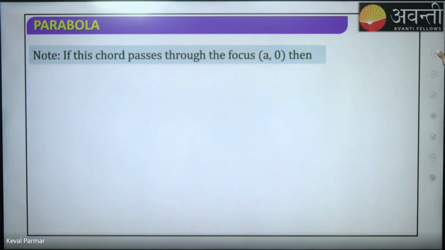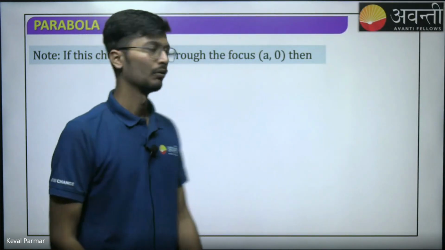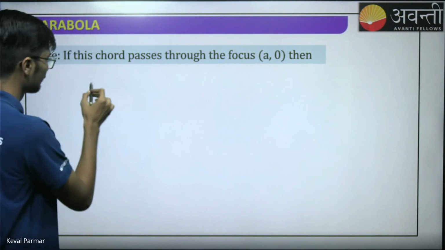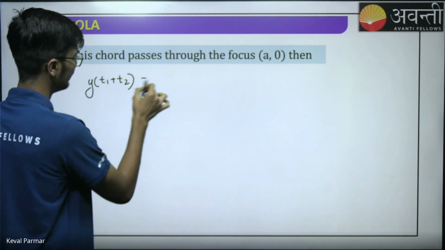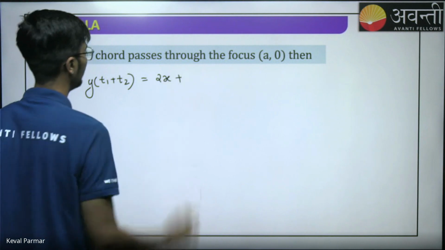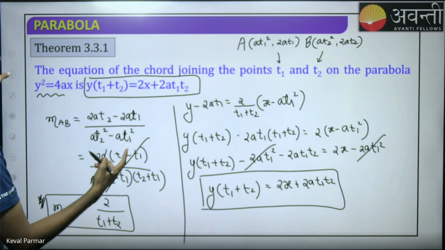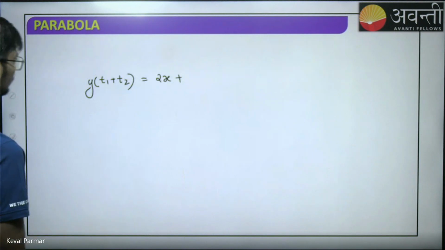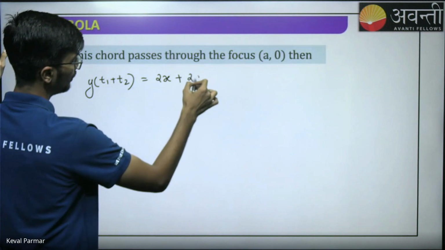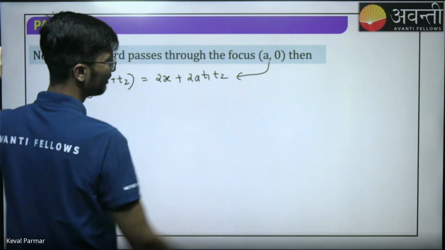Chalo. Next, if this chord passes through the focus. Now, what equation did we get? y into (t1 plus t2) is equal to 2x plus, do you remember the equation? 2x plus 2a t1 t2. Now, if this passes through the focus, then this point must satisfy it.